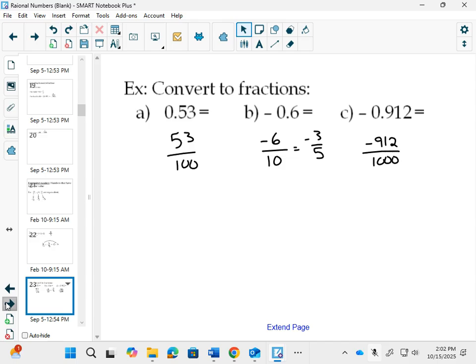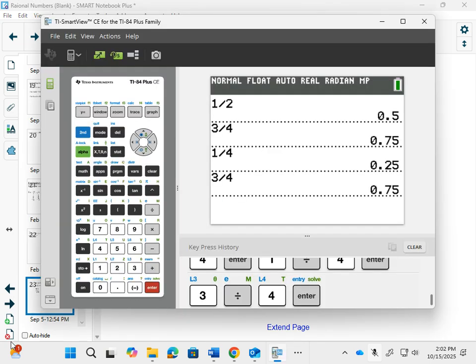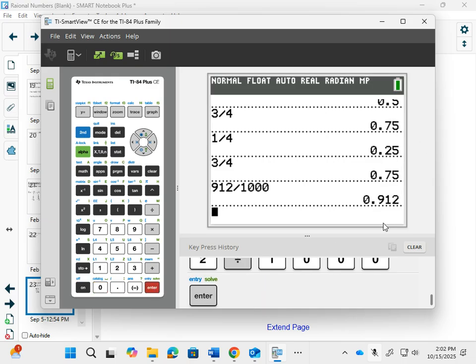And what's really cool is with some calculators, and I think if you buy the one through the school, you can do this. If I go to my calculator now and go 912 divided by 1,000, it changes it back to the decimal, but a lot of calculators have a button. For me, it's under my math button.